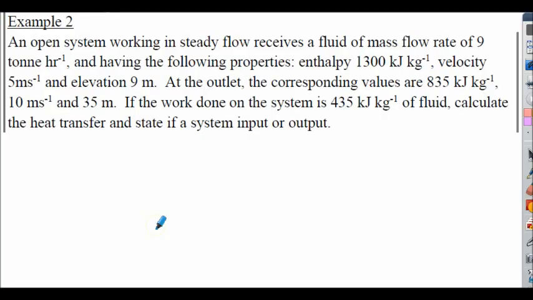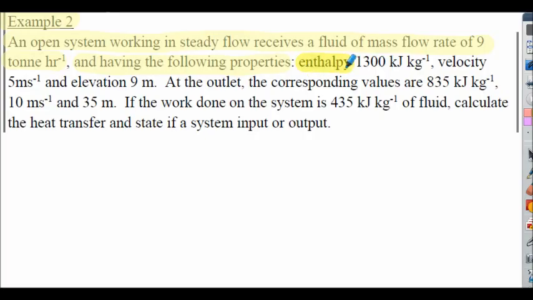Here's a second example of applying the steady flow energy equation. This is example 2. An open system working in steady flow receives a fluid of mass flow rate 9 ton per hour and having the following properties.